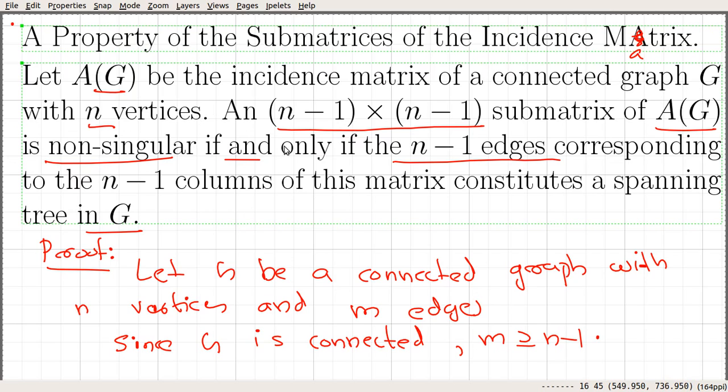Then an n minus 1 by n minus 1 submatrix of the incident matrix of G is non-singular if and only if the n minus 1 edges corresponding to the n minus 1 columns of this matrix, AG, constitute a spanning tree in G.